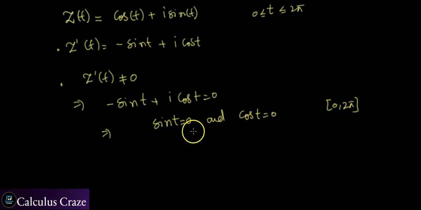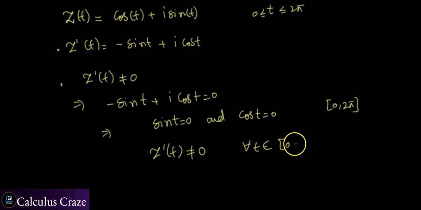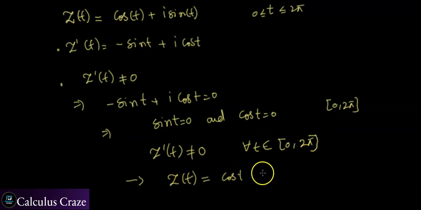In other words, I don't have any such t where both of these quantities vanish. So I can say that z prime of t is never zero in the interval 0 to 2 pi, and this allows me to conclude that z of t, which is basically a circle, is a smooth curve.